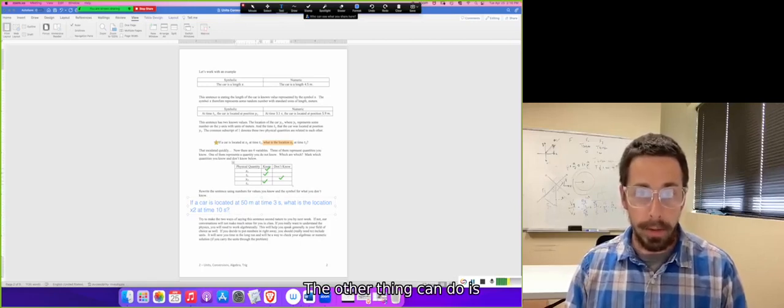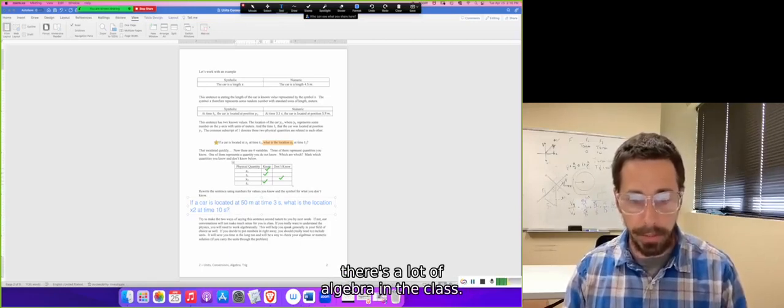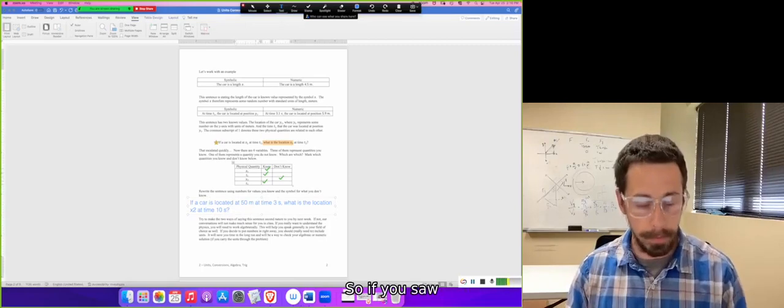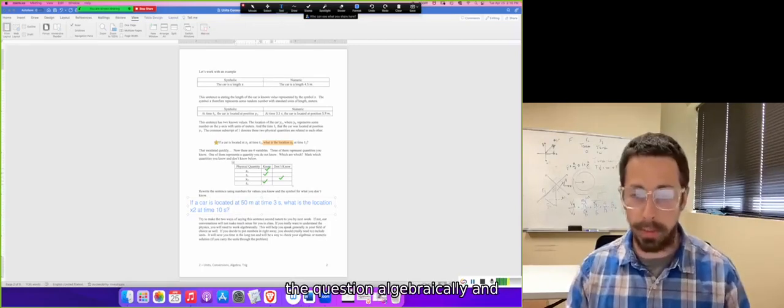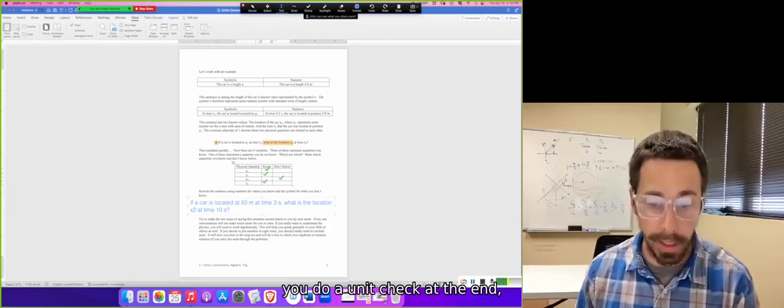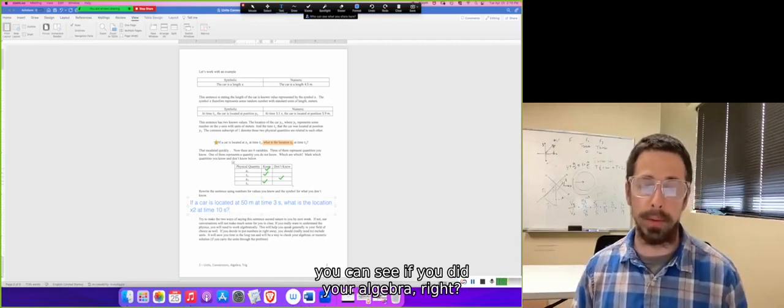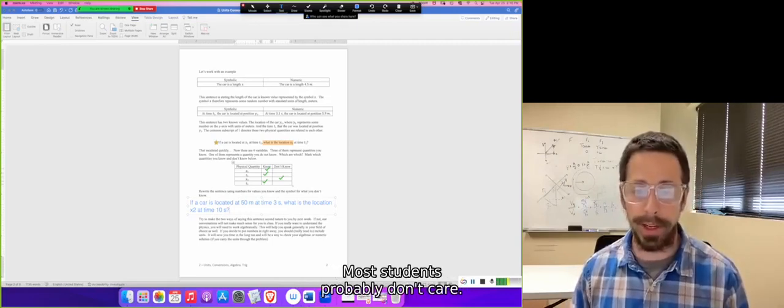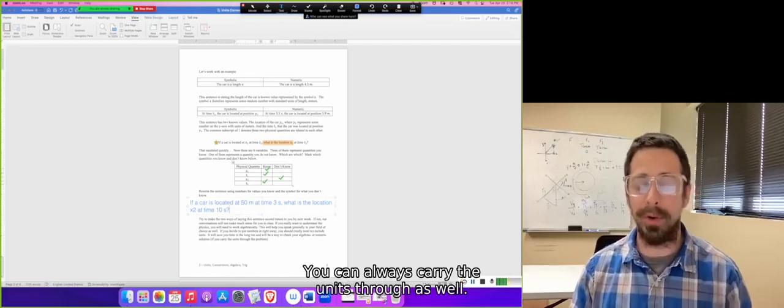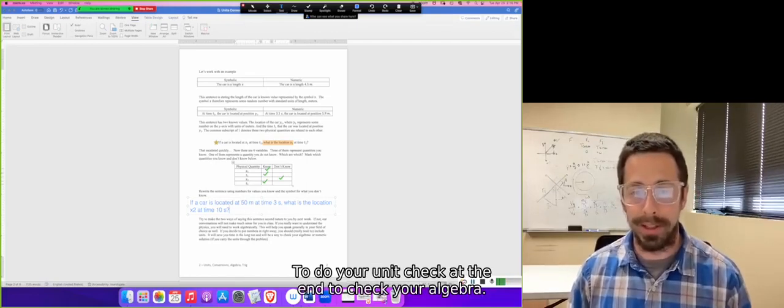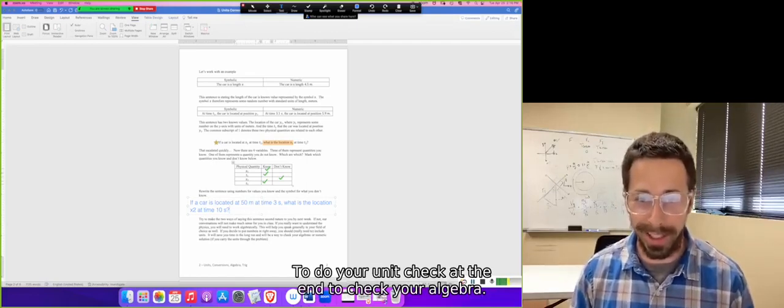The other thing you can do is, there's a lot of algebra in the class. So if you solve a question algebraically and you do a unit check at the end, you can see if you did your algebra right. Most students probably don't care. If you put the numbers in, you can always carry the units through as well to do your unit check at the end to check your algebra.